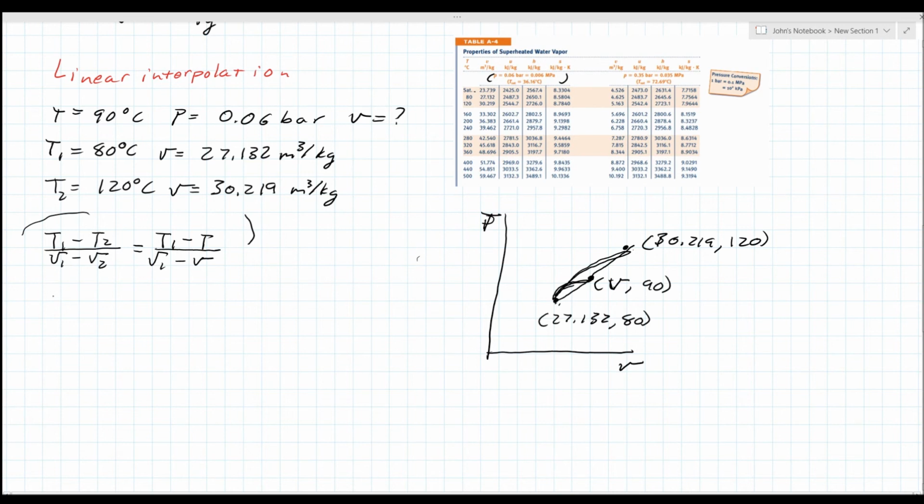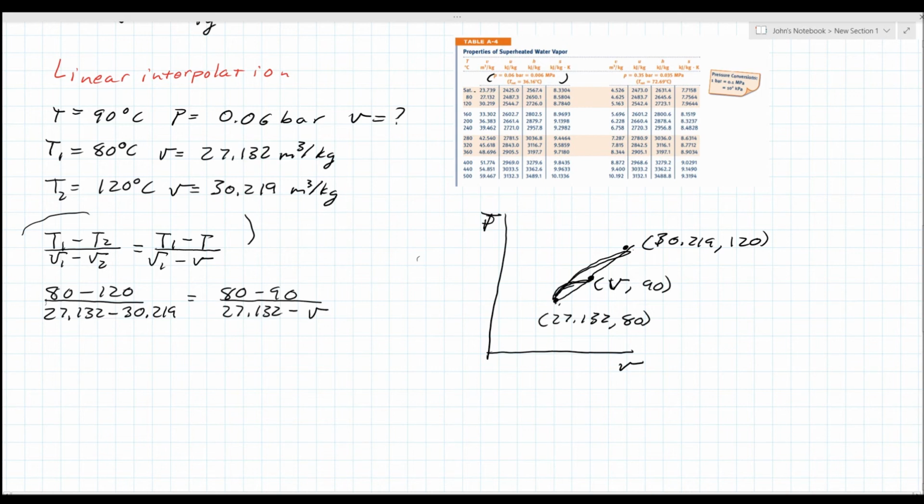Well, we're going to get (80 minus 120) over (27.132 minus 30.219) is equal to (80 minus 90) over (27.132 minus V).